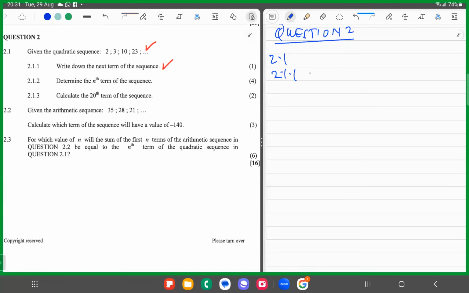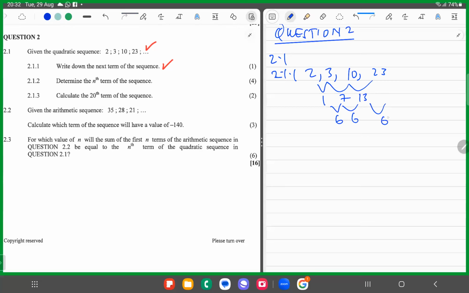Okay, so you have 2, you have 3, you have 10, you have 23. What is the difference here? It is 1, here it's 7, there is 13. 7 minus 1 is 6. 13 minus 7 is 6 as well. So you know that the second difference will be 6.